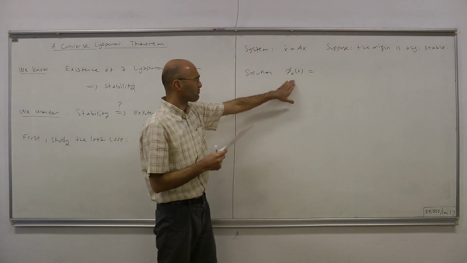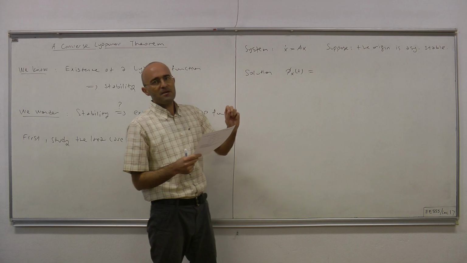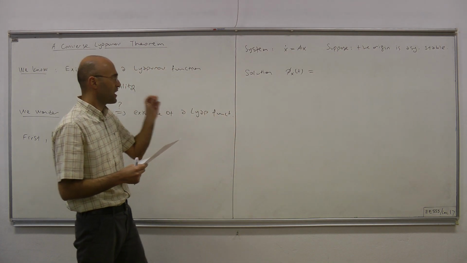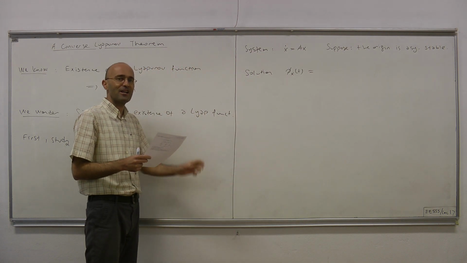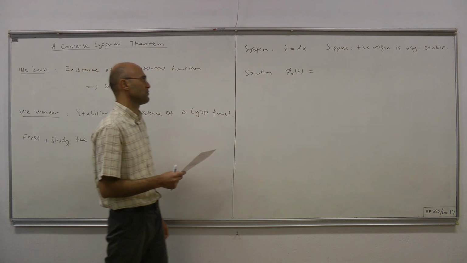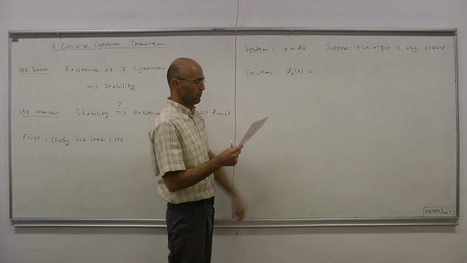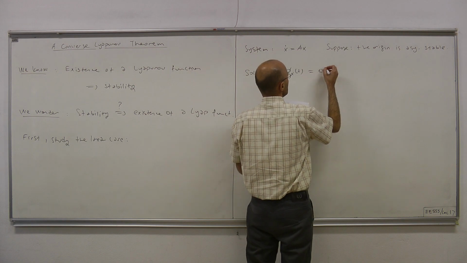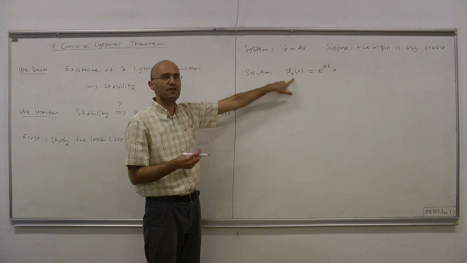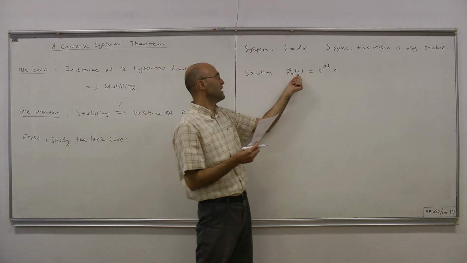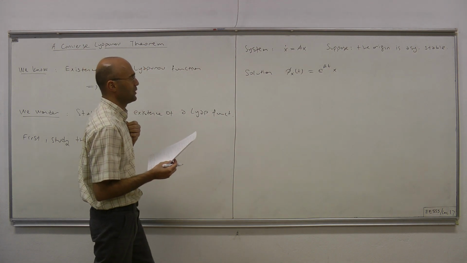Until now, we wrote down solutions as x of t, but now we want to be careful about the initial state. We want to call it x, not x of t0 or x of 0, and for that we use this notation: phi_x(t) equals e to the A t times x. So x is the initial condition, that is the value of the solution at t equals 0. We take t equals 0 without loss of generality as our initial time.